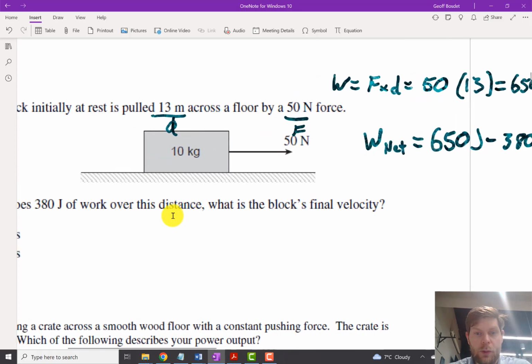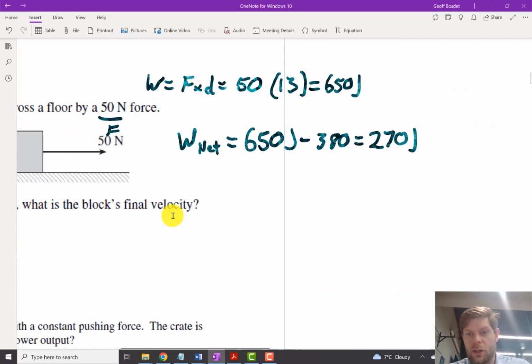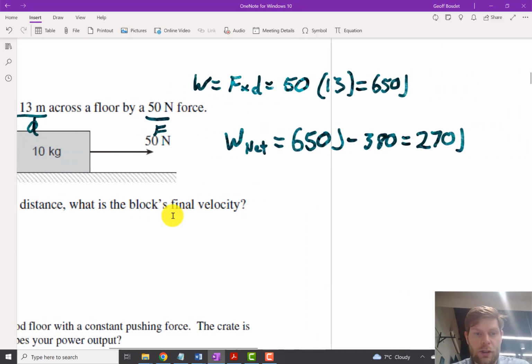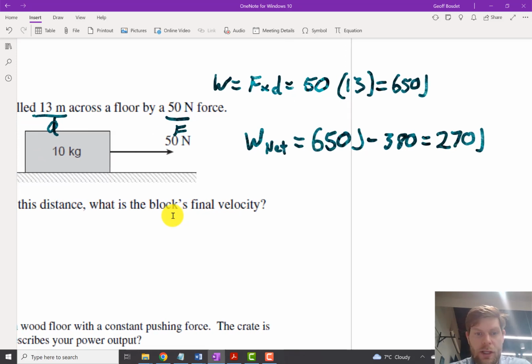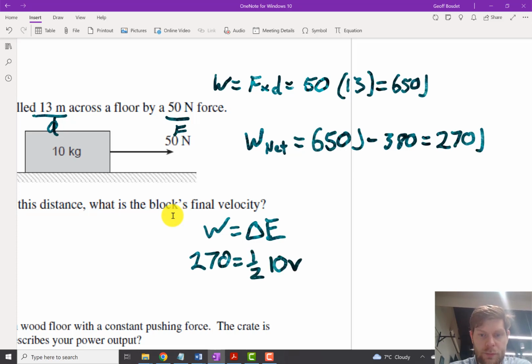And we want to know the block's final velocity. Well, all our net positive work, after we take away the friction bit, is going to kinetic energy. Work is change in energy, which in this case is 1/2 mv squared. 270 divided by 5, because 1/2 of 10 is 5, is 54, and that equals v squared.